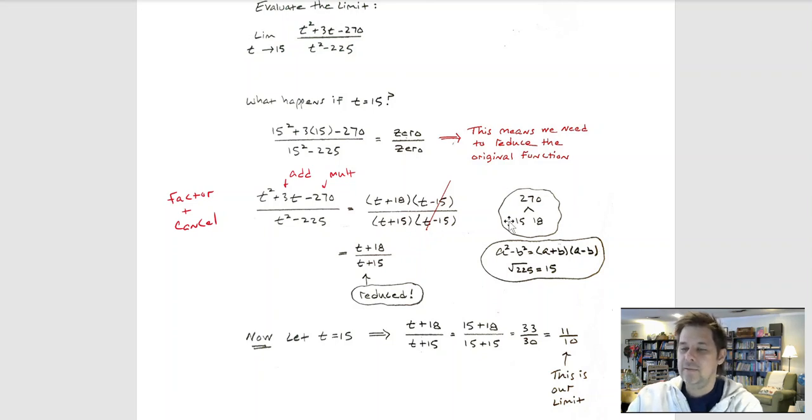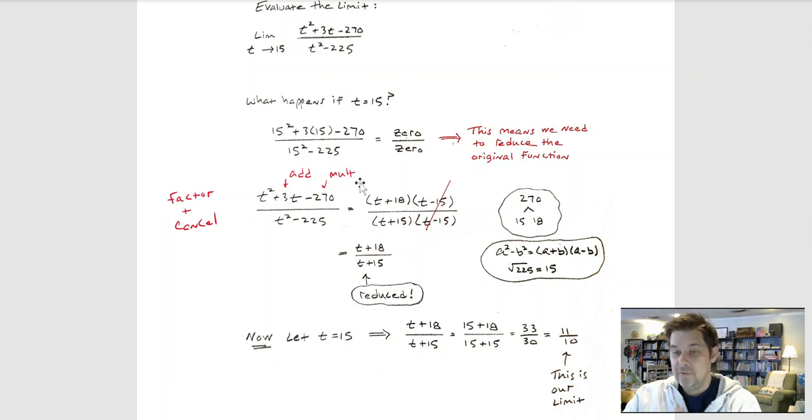So I made a little factor tree of 270, somewhat based on trial and error, and I saw that 270 can be 15 times 18. 15 times 18 could multiply to 270, and it could add to 3 if you made it negative 15 times positive 18. That would multiply to negative 270 and add to 3.